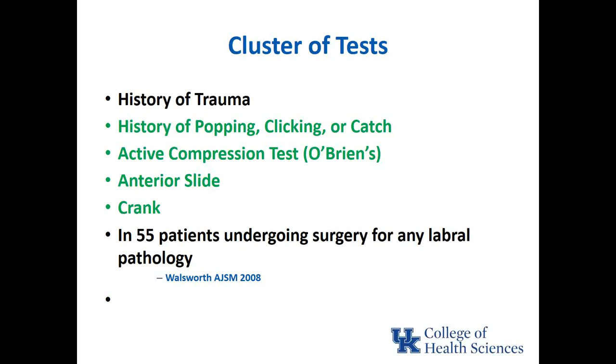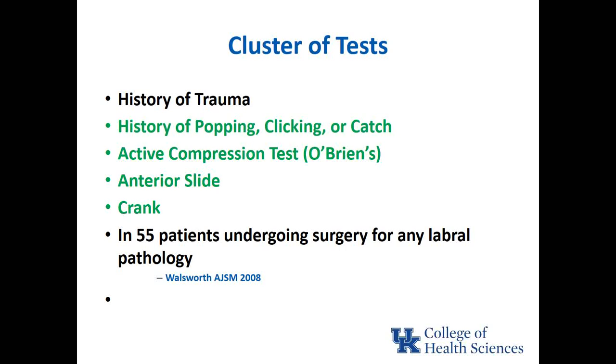From the literature, a recent publication out of the American Journal identified that these tests in the green were important and helped identify patients that might have a superior labrum lesion. So they looked at history of trauma, history of popping and clicking, the active compression test, also called the O'Brien's test, the anterior slide, and the crank test.